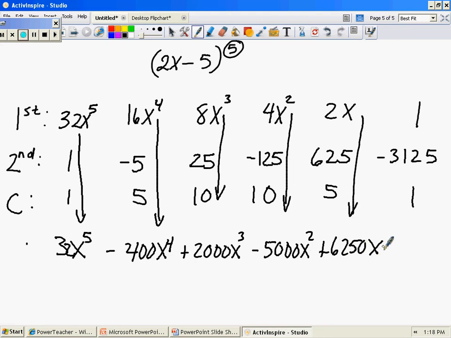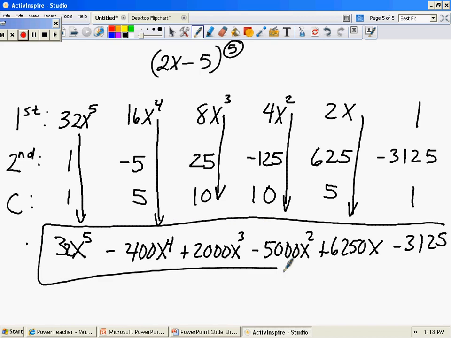And the last one's negative 3125. Now, even though it might have seemed like a long time, I guarantee it would have taken a lot longer, and there probably would have been a lot more mistakes if you tried to FOIL those together, like multiply 2x minus 5 by itself 5 times. It would get pretty messy pretty quick. So that, believe it or not, is a lot shorter.